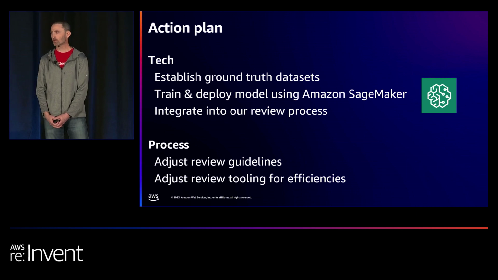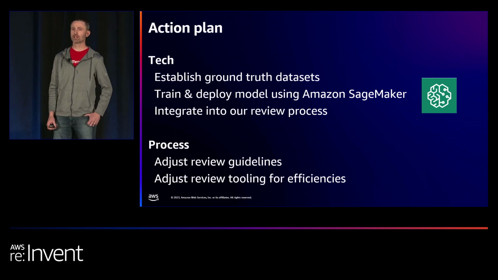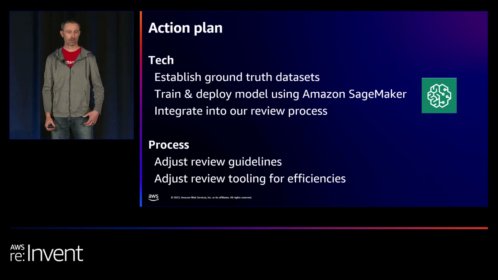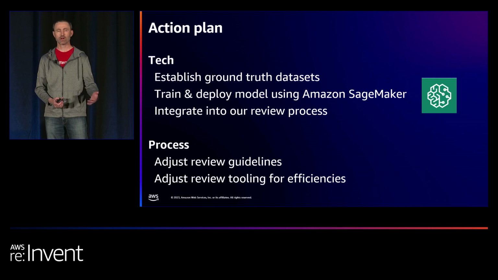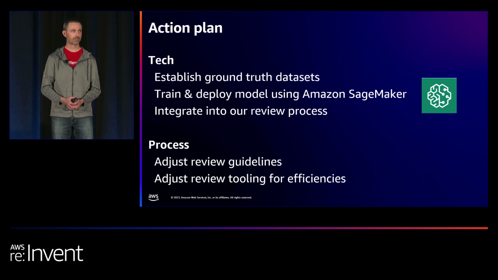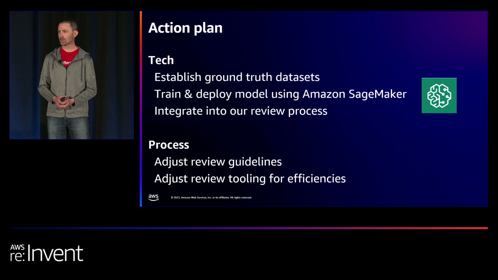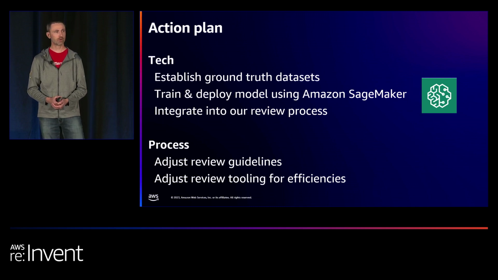On the tech side, the first thing we need to do is establish a ground truth data set. Historically, our content review has specific rejection reasons applied, and we were prepared to go start training a model. But when we were doing so, we uncovered a piece of process that we weren't familiar with, and it exposed itself in the form of data debt.